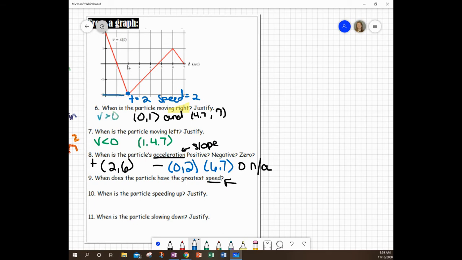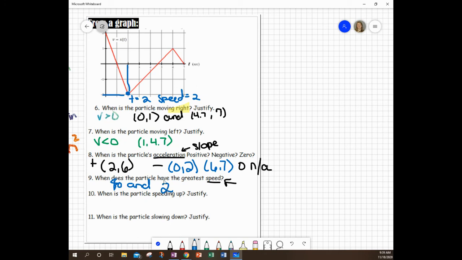Because it's right there. And the same thing here: at t equals 0, my speed is 2. The velocity is +2 and the speed is 2. So when does the particle have the greatest speed? At t equals 0 and at t equals 2.